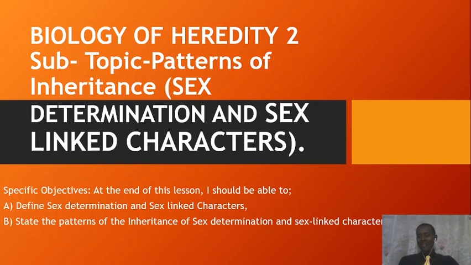There are certain characters, out of the 46 chromosomes in a human cell, that are specifically located on the sex chromosomes.